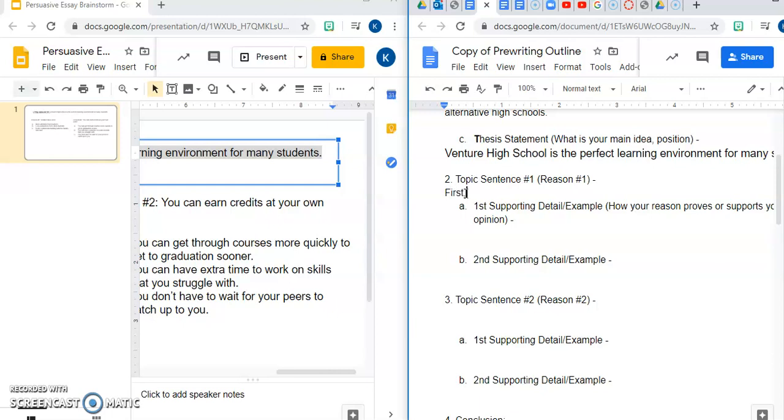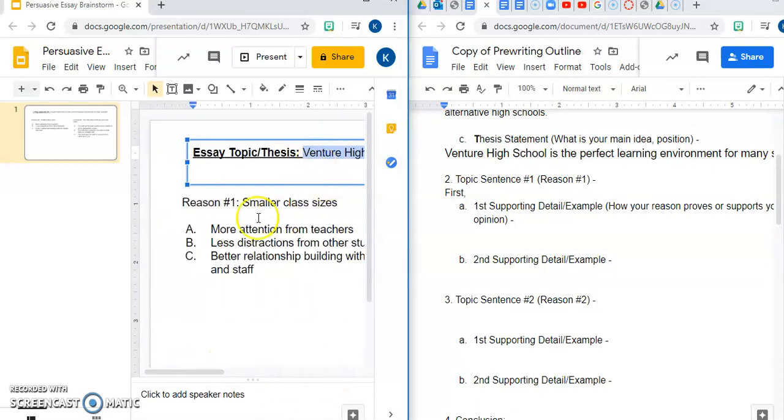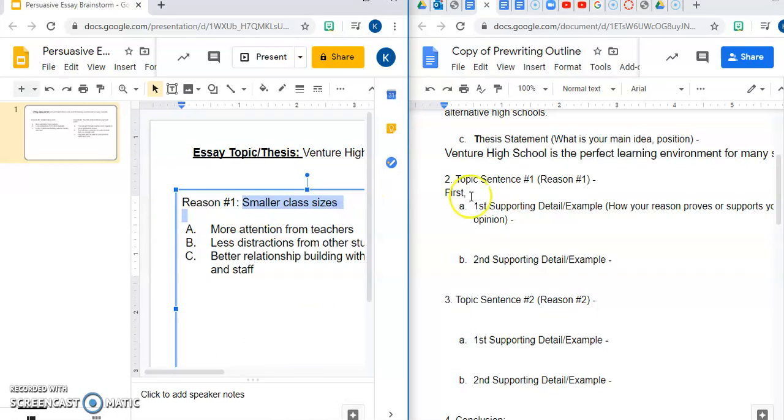So we're going to say first, comma, all right, and we're going to come back over here and look at our first reason. And my first reason in my paper was that there are smaller class sizes. First, Venture has smaller class sizes than traditional high schools.